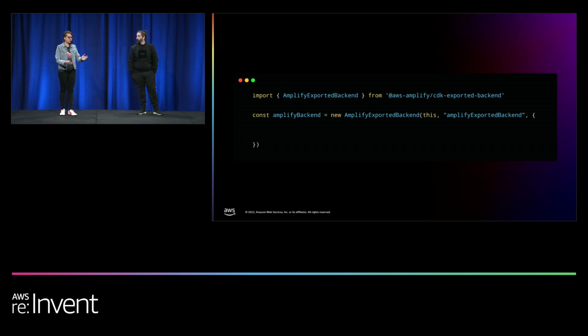So then you create your new Amplify exported backend from those files. You set up your environment name, and then you just let CDK know what's the path to the folder where Amplify put all the information that CDK needs to redeploy that backend.